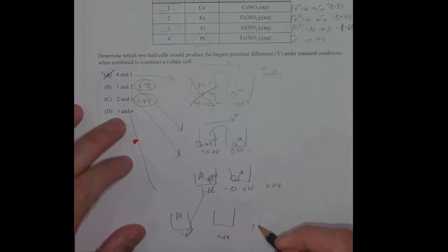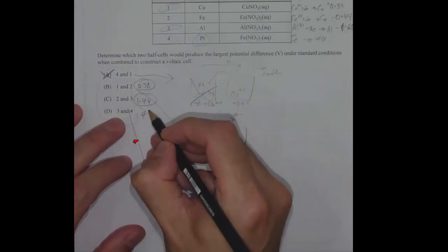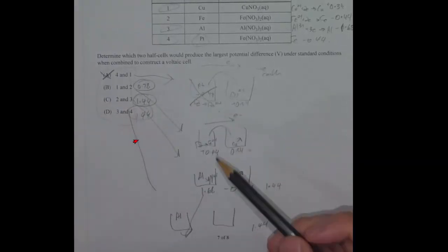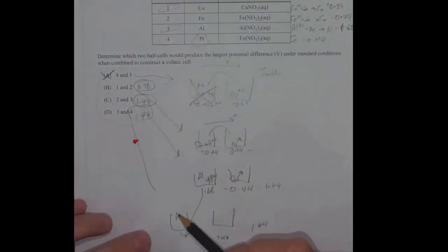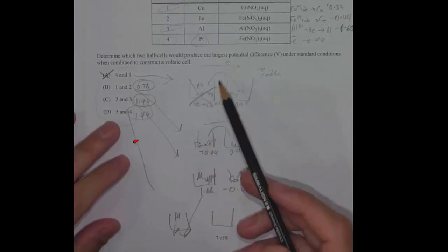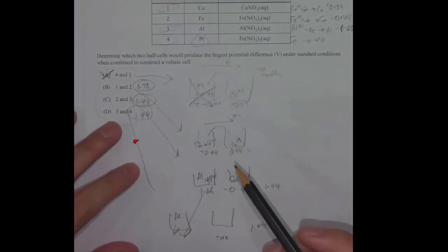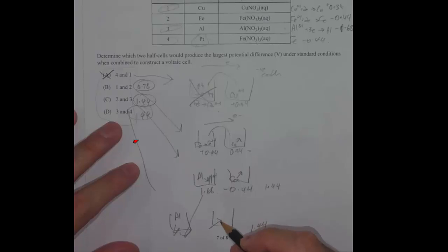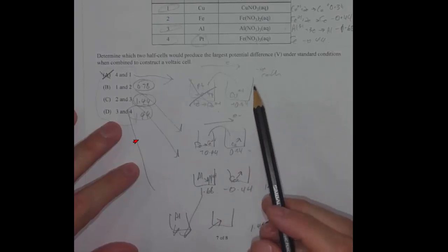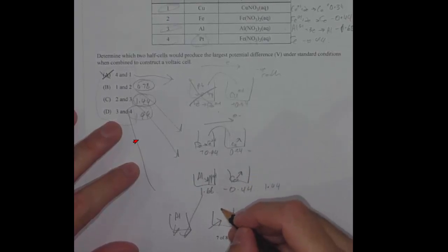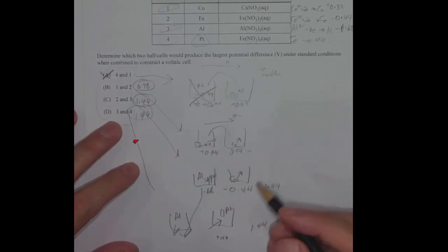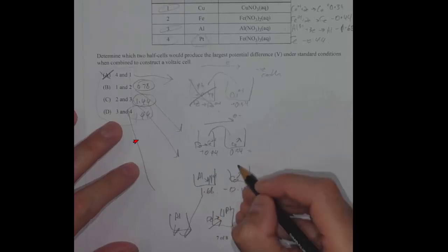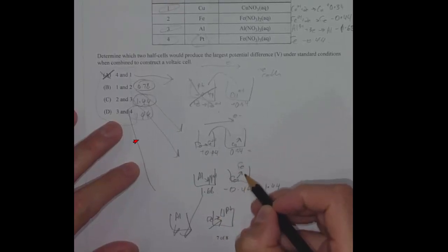So it'll be the same, and that's doable. So 3's got the aluminium coming off, and 4's got the platinum electrode. Whereas this one, the only difference here is there's a platinum here that's taking the iron, and this is an iron electrode taking the iron.